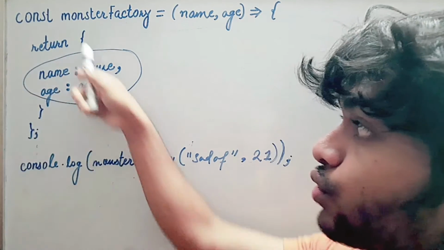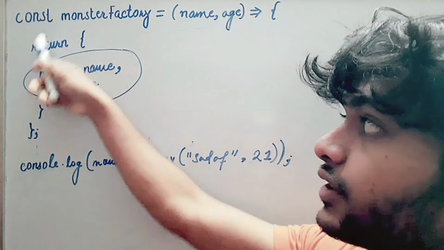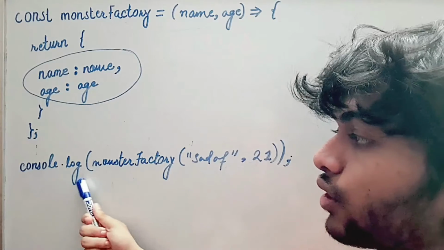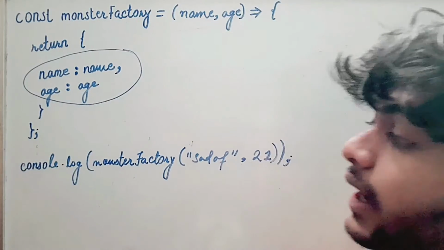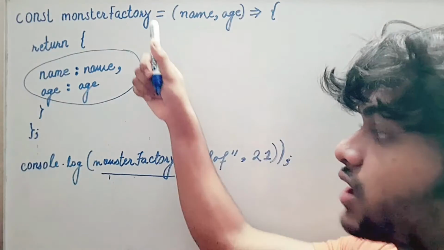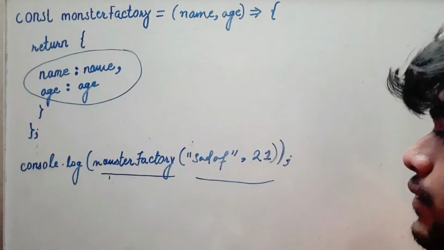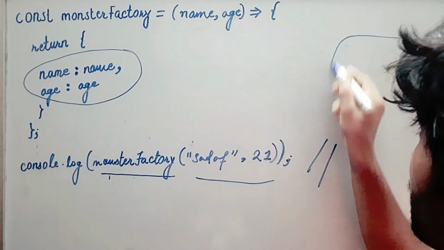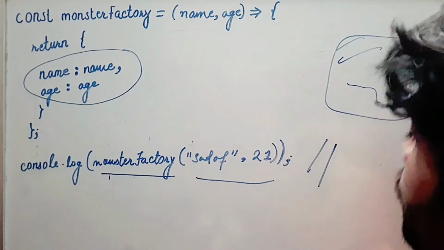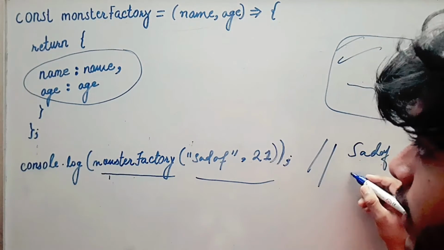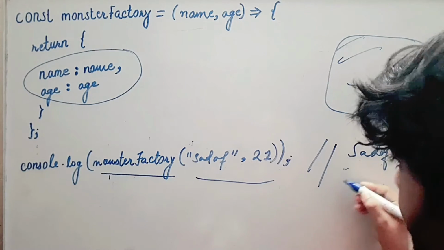Since there is only a return keyword here, and we want to see whether it worked or not, we are using console.log on the last line, and inside it we put monsterFactory, our function's name, with two arguments, my name and 21. So what is the expected output? What will be shown in our console, this black region? The output would be Sadaf, as simple as that, and on a second line, 21.